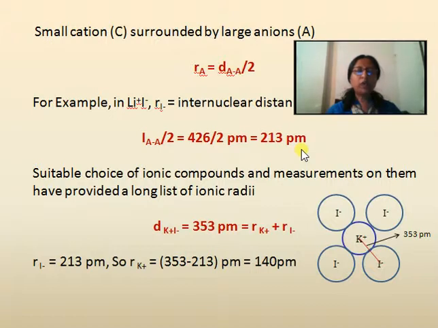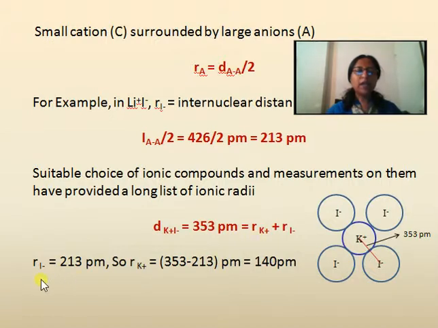So if we now know the interionic distance between K plus and I minus, which is 353 picometer, we will be able to determine the Rk plus, that means the ionic radii for K plus ion.